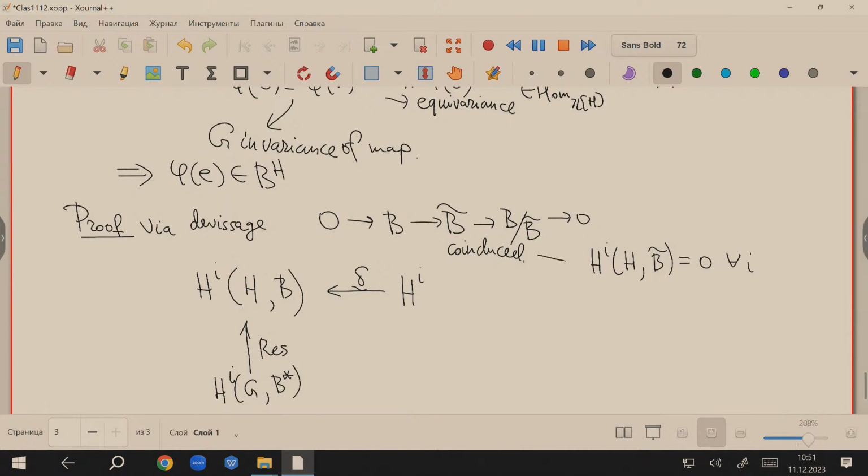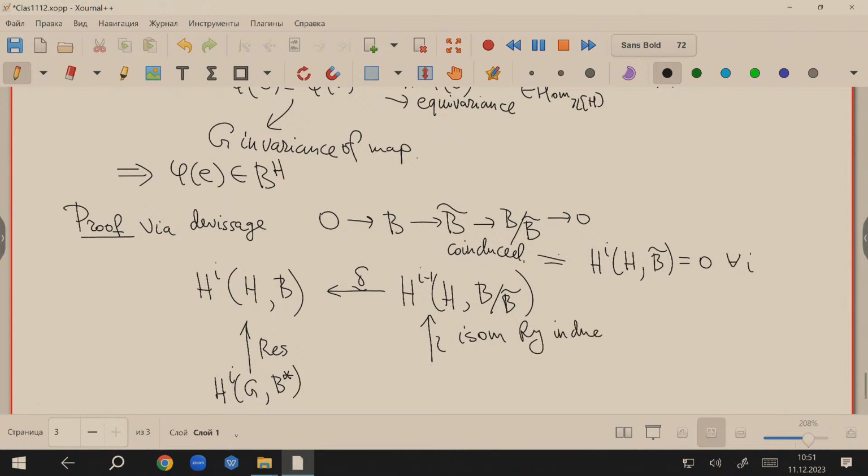B tilde is co-induced. So here you have first the homology of the quotient, and here with the shift we have isomorphism by induction.